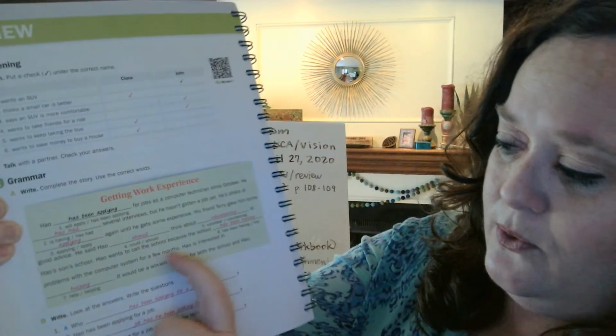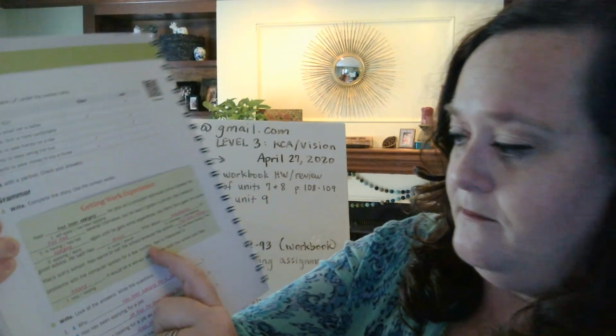Okay, number 6. Hal wants to call the school because the school, what do you think? Has been having or has problems? Now, I'm going to challenge you to look at the end of this sentence, and we notice for a few months. Okay?